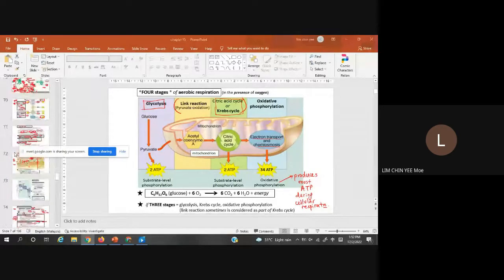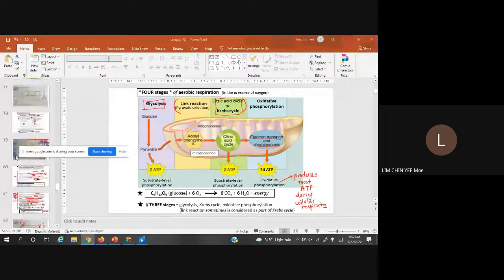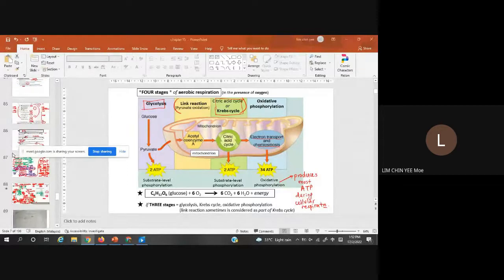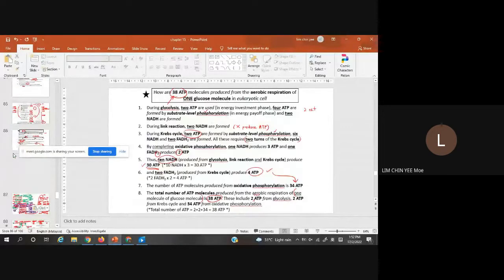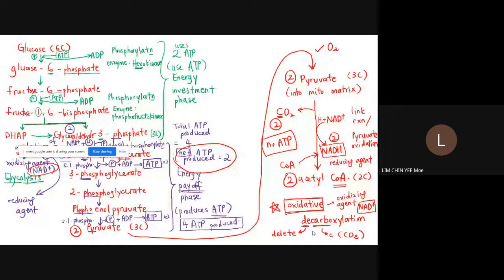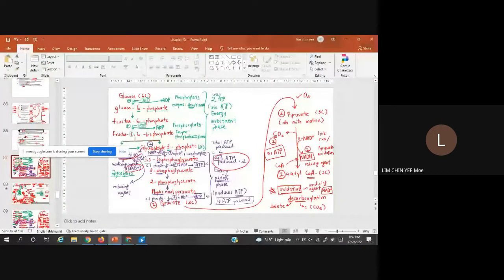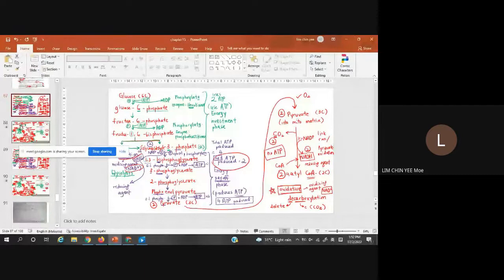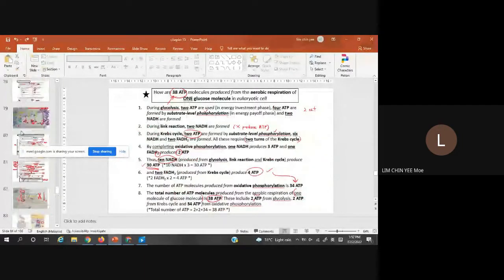We start with glycolysis again. I won't go through each compound, but we will just overview the whole concept.